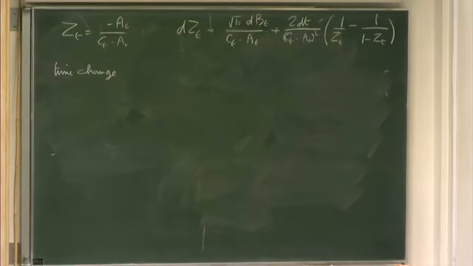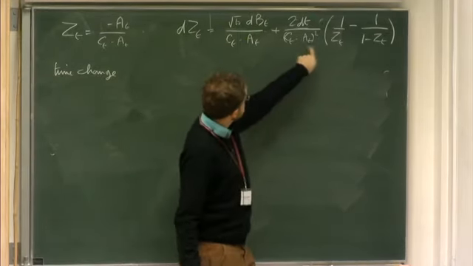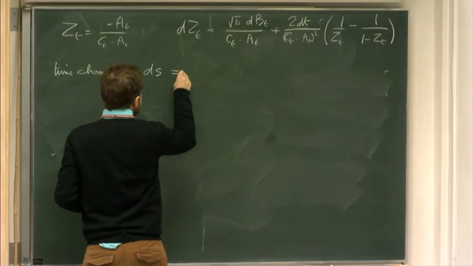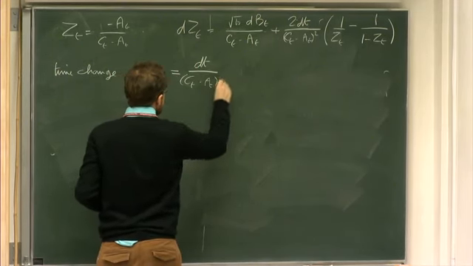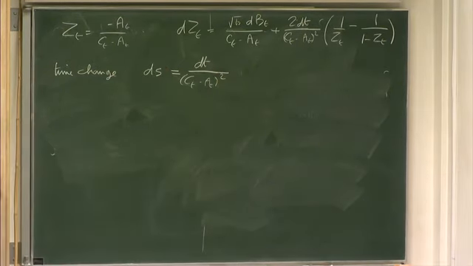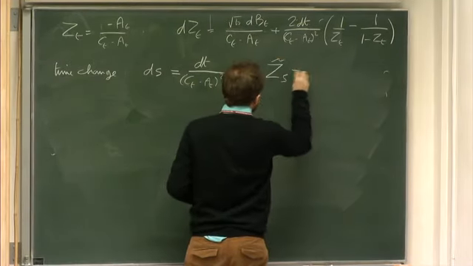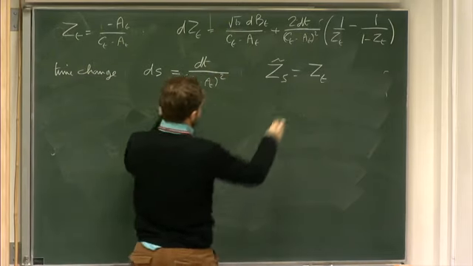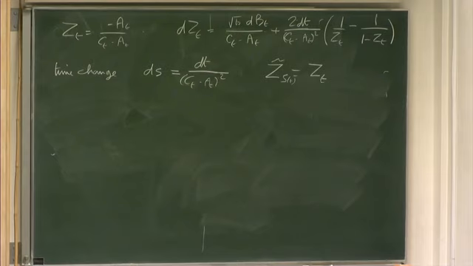To get rid of these C_t minus A_t and C_t minus A_t squared here, we want to introduce ds to be dt over (C_t minus A_t) squared. And in this new time, we will define Z tilde_s to be Z_t(s), so it's exactly a time change of the process.